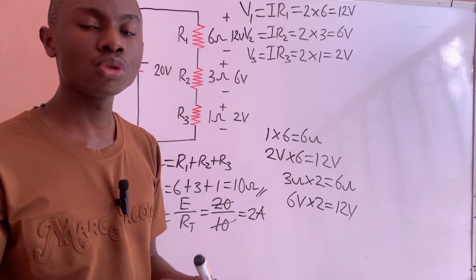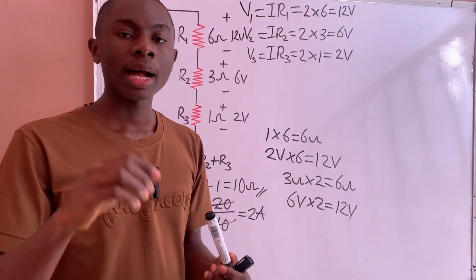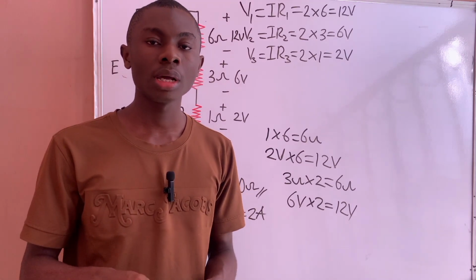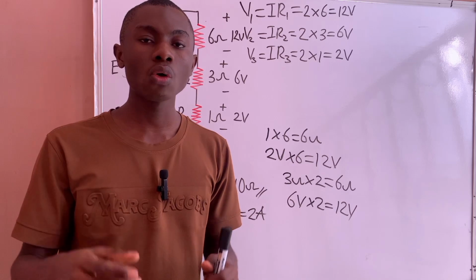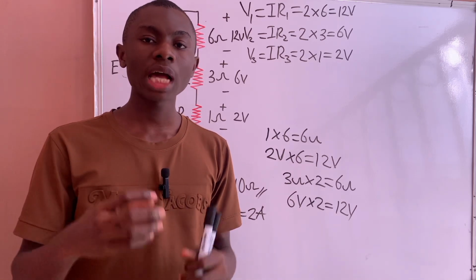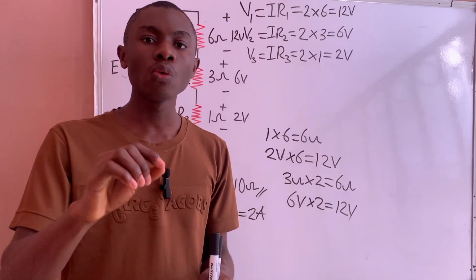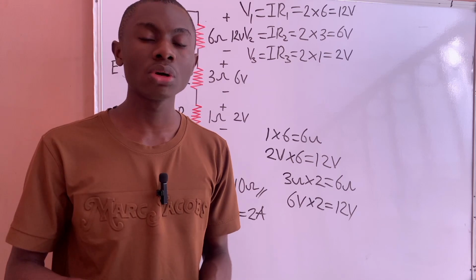That is how Ohm's law operates, and that was the reason why the voltage divider rule came into place. The voltage divider rule permits us to determine the voltage level without first finding the value of current in the circuit.